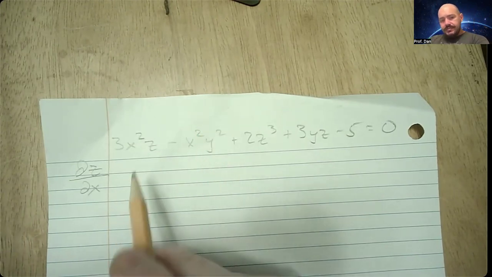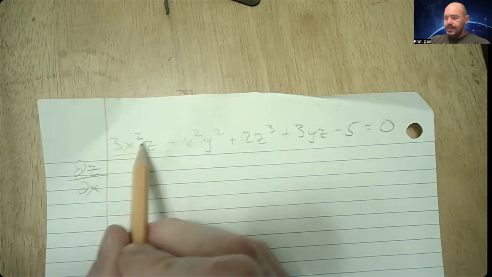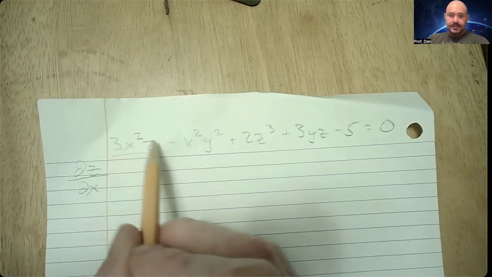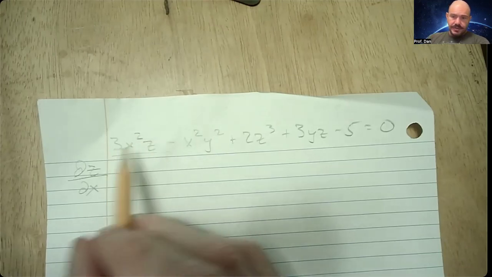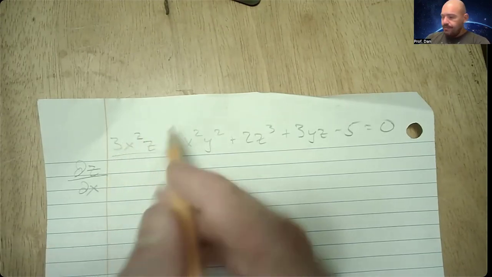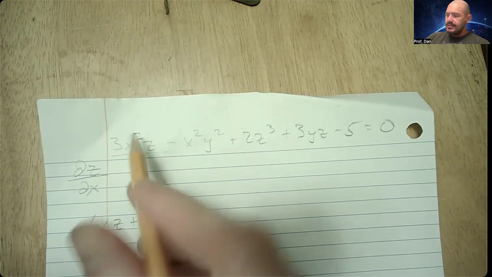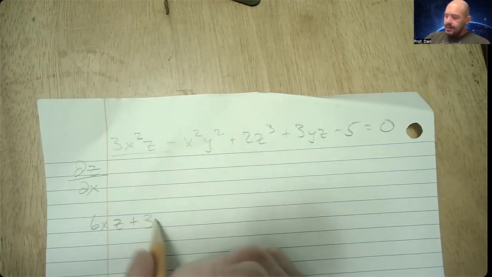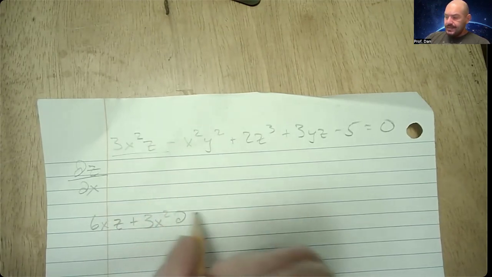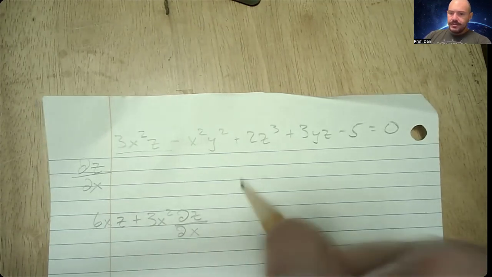So with that said, if I take the derivative of that first term, I have 3x squared times something that is a function of x, which means I have to use product rule. So I would get 6x times z plus 3x squared times the derivative of z, which would be partial z with respect to x.